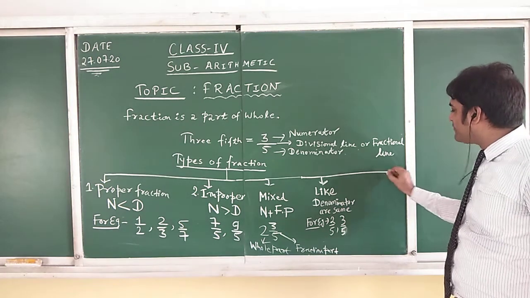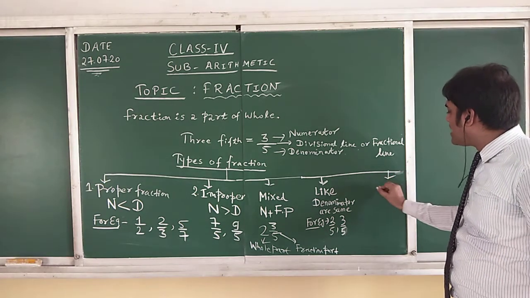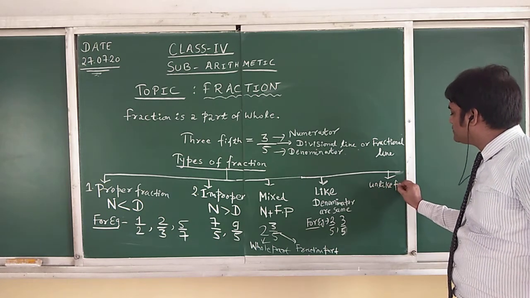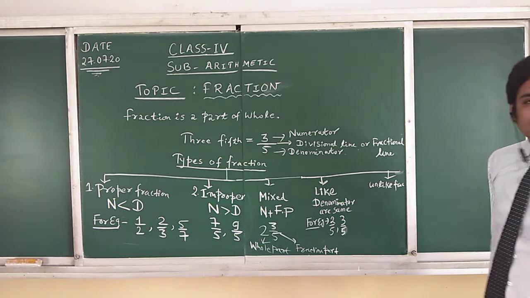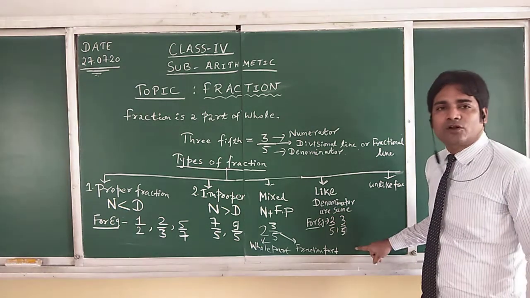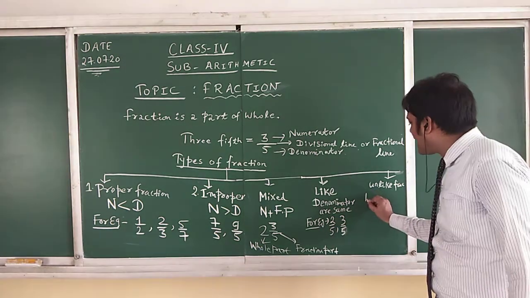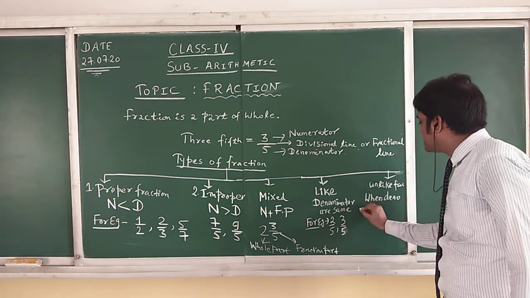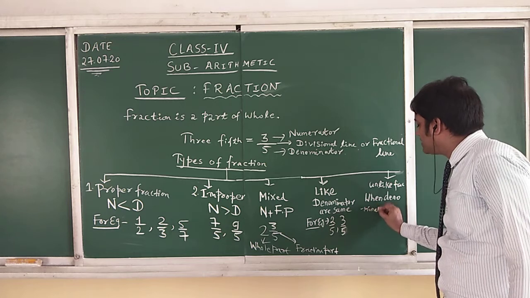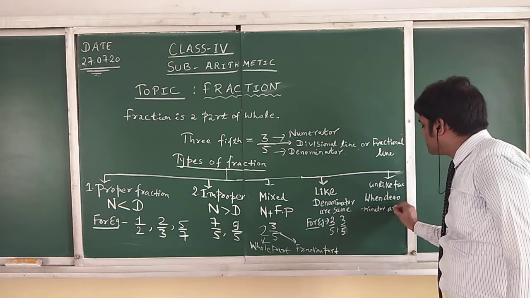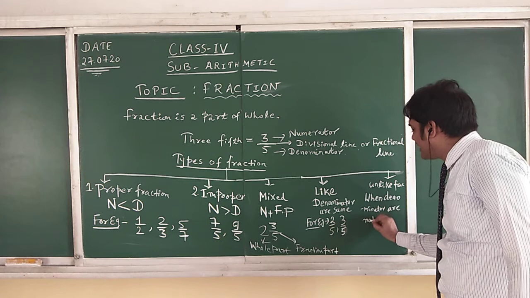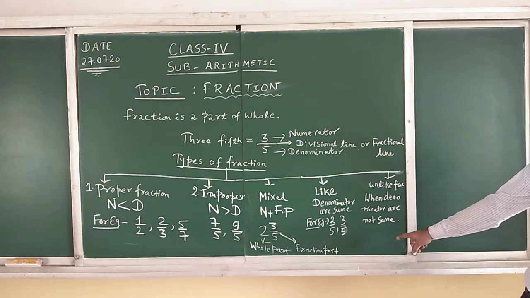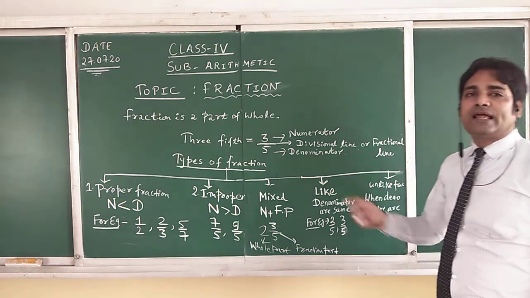And the next type of fraction is unlike fraction. What is unlike fraction? When the denominators are not the same, we call such a type of fraction an unlike fraction.